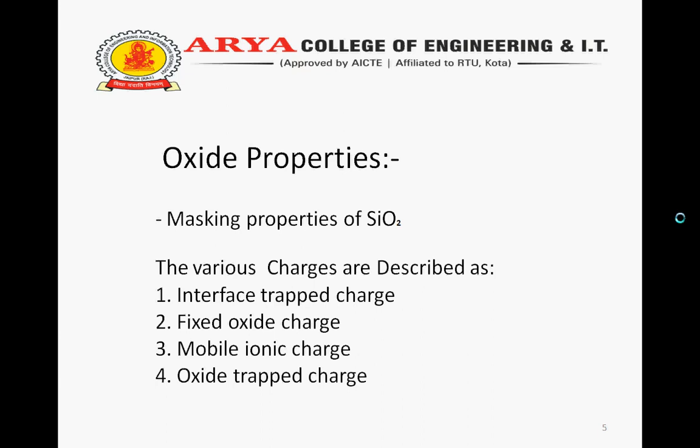The various charges are described as follows. First, interface trapped charge. This charge is located at the Si-SiO2 interface. It has energy states in the silicon forbidden band gap, and can interact with the underlying silicon electrically.